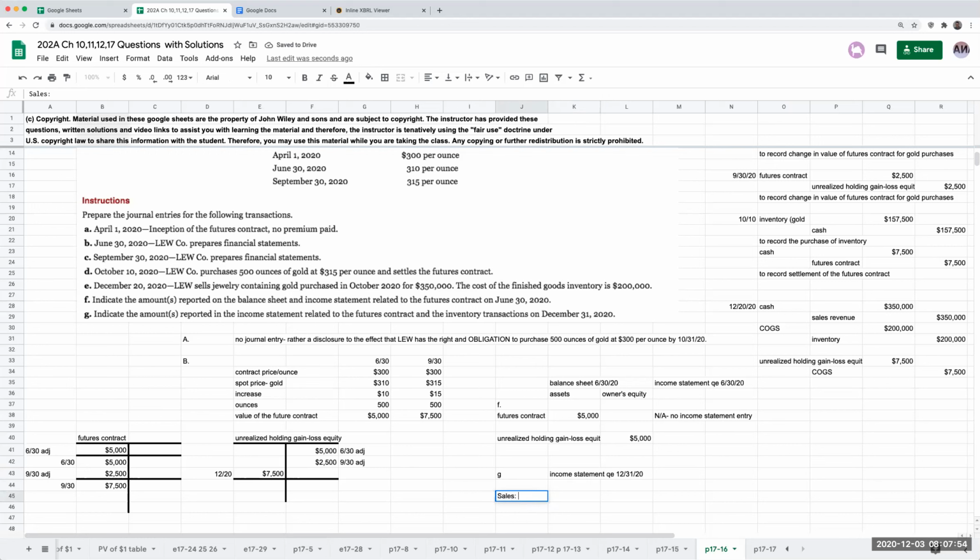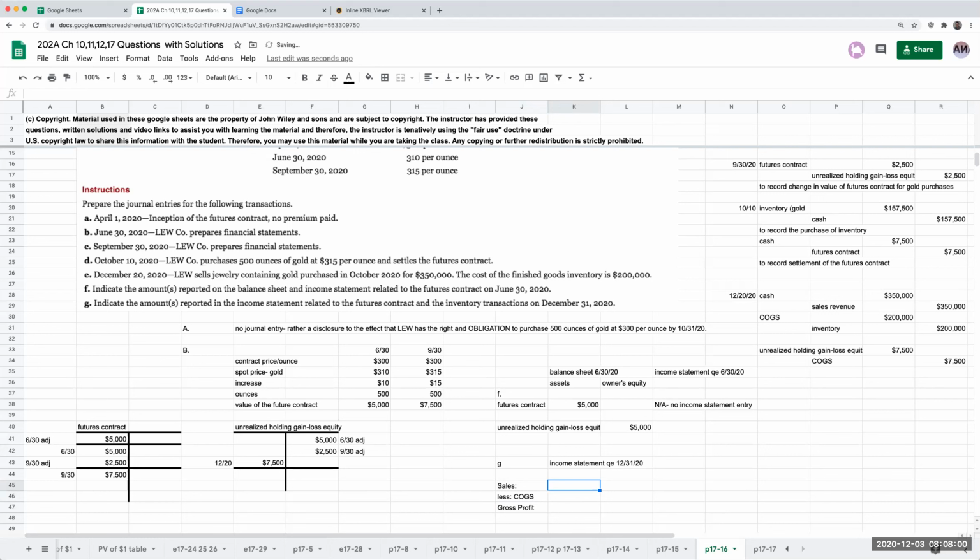sales less COGS gives me gross profit. My sales would be 350,000. My cost of goods sold would be 200,000 less the 7,500, so my gross profit would be 157,500.